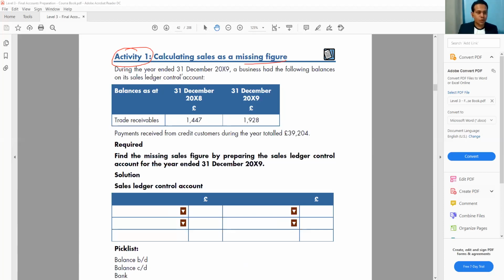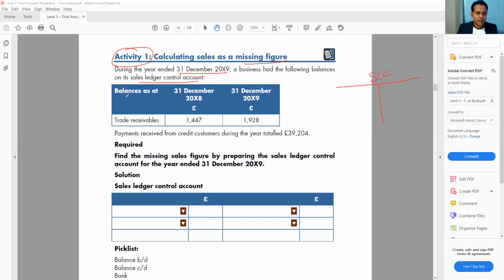They said during the year ended 31st December 2009, a business had the following balance on the sales ledger control. Now we already know what sales ledger control is. Sales ledger control is a credit customer account. From the sales ledger control account, we can identify how much balance is outstanding from the credit customers.